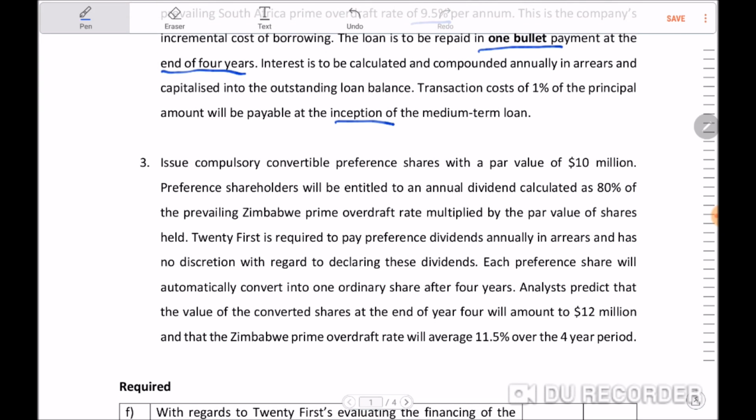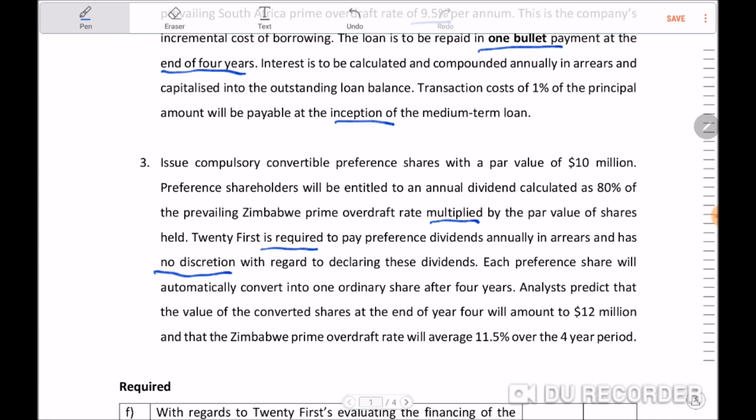The preference shares will be entitled to an annual dividend calculated as 80% of the prevailing Zimbabwe prime overdraft rate multiplied by the par value of shares held. 21st is required to pay preference dividend annually in arrears, and there is no discretion with regard to declaring these dividends.